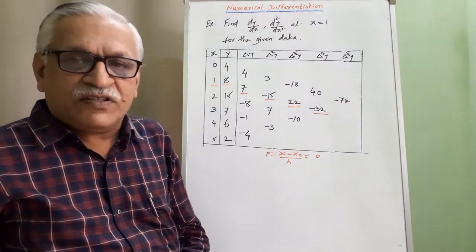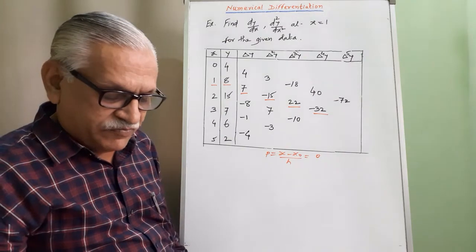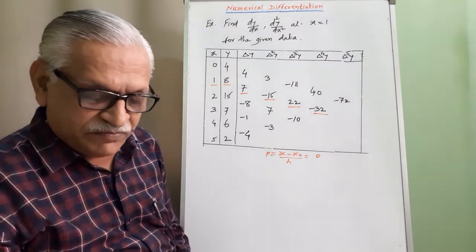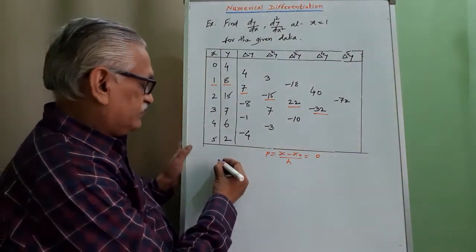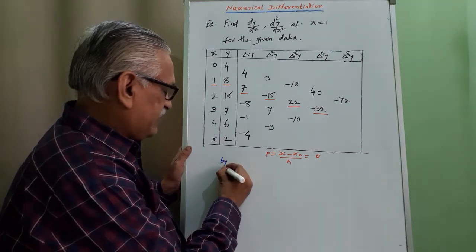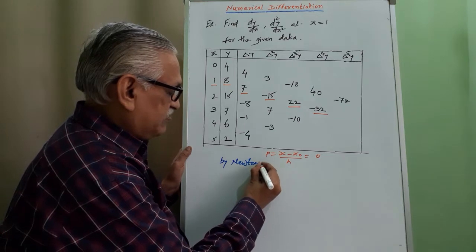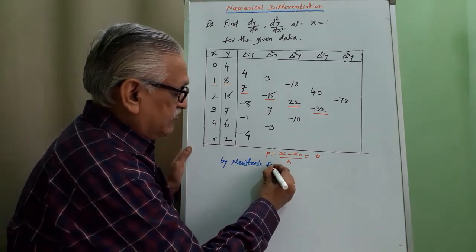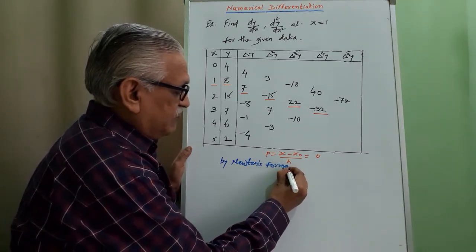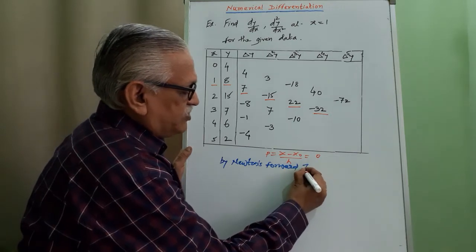That is the subcase. And when p is 0, we have the formula by Newton's forward interpolation formula.